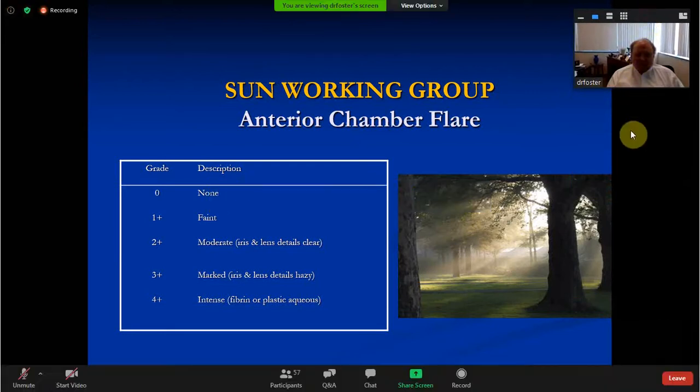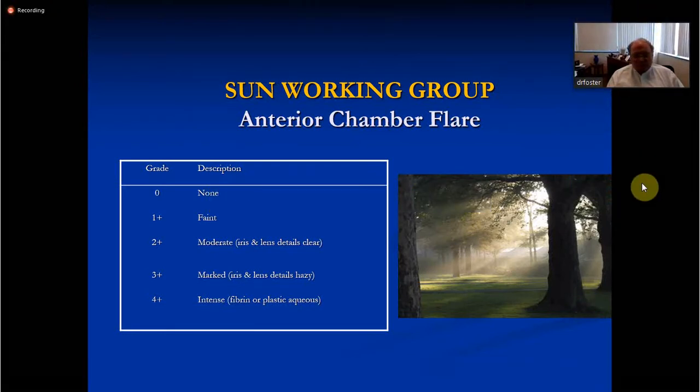I have a cell and flare meter, but they're few and far between through other practices around the country. The group in California at UCLA has done a lot of work on that matter.